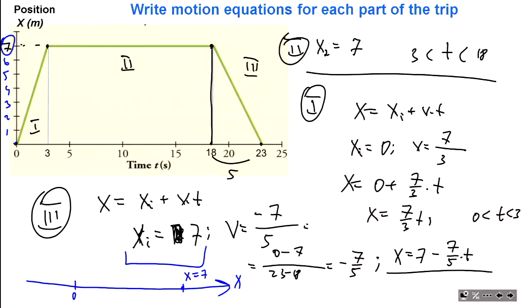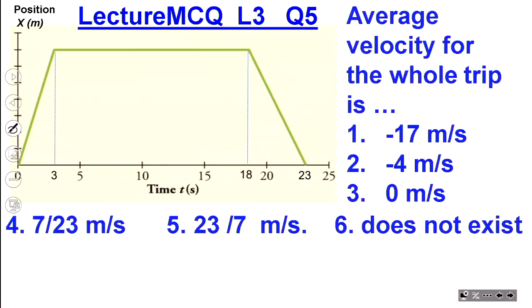And from here, it moved back to 0. And that's the final for the third part of the trip. Did I answer? Okay.